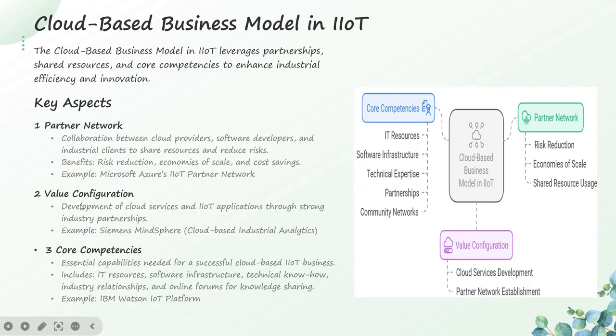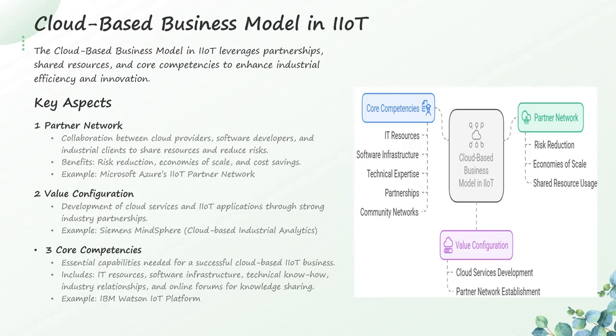Then the second key aspect is the value configuration. It is the development and integration of cloud services and industrial IoT applications in order to create business value. Some of the key aspects of this value configuration are the development of cloud services and applications, where companies create cloud-based industrial IoT platforms tailored to industry needs.